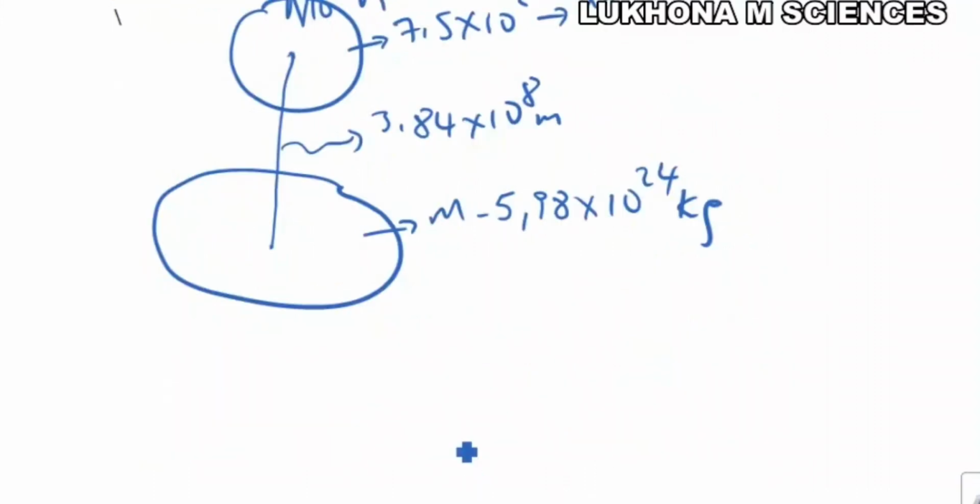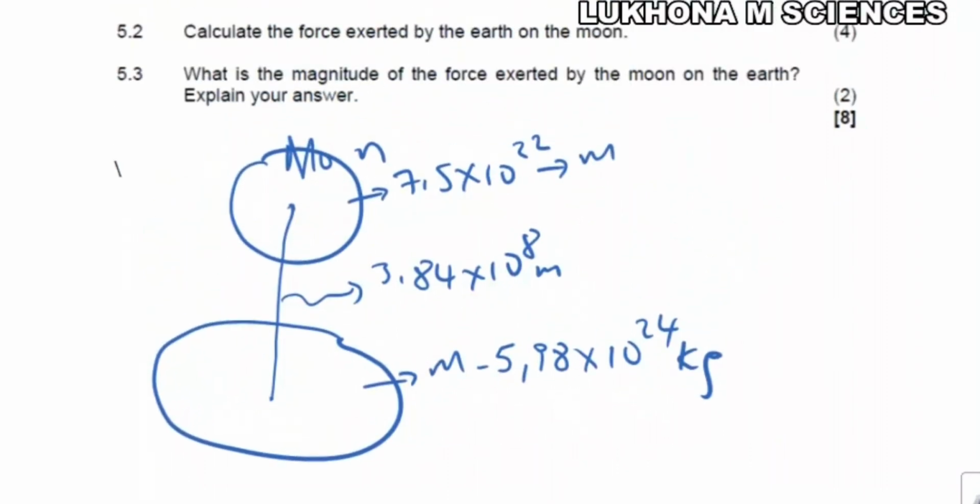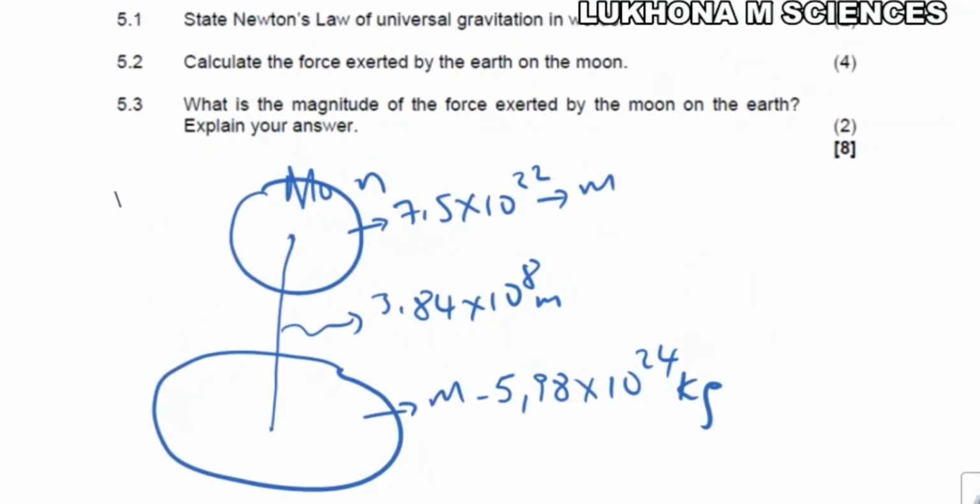The first question here says state Newton's law of universal gravitation. The formula is F is equal to G m1 m2 divided by r squared. This is the gravitational force.